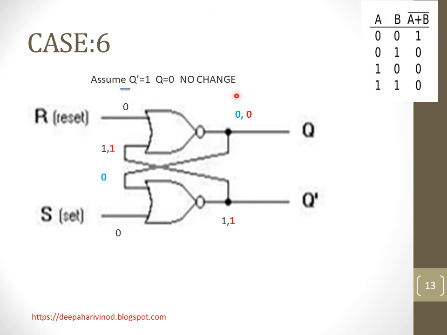So 0 1, it is 0. So here, the same. We assumed it as 0 and 1, Q as 0 and Q bar as 1. The same thing we have obtained as the output in the S and R equal to 0 condition. So hence it is a no change condition.